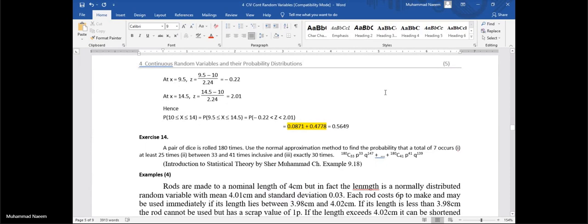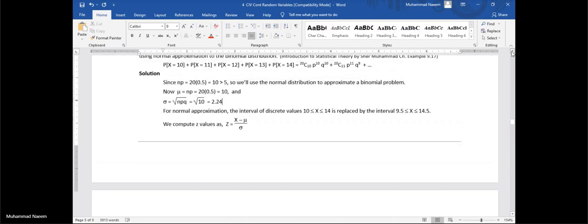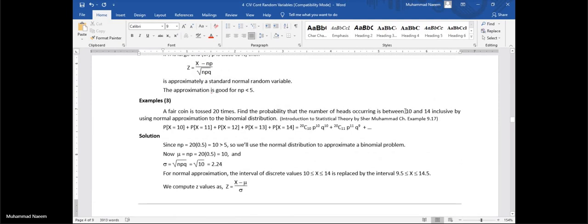First we convert, but remember one thing. Look at the statement. Here we have the word inclusive. If we are finding the probability from 10 to 14, 10 and 14 are inclusive and the points are included.